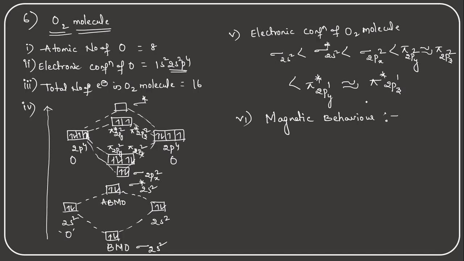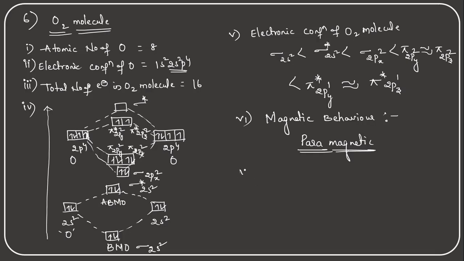Yes, there are unpaired electrons. That is the reason this is a paramagnetic substance. When it is placed in an external magnetic field, it is attracted by the external magnetic field.